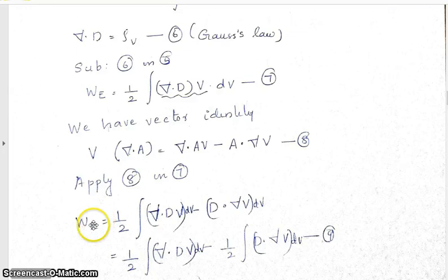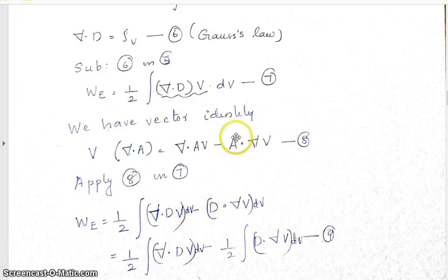So now W_E is equal to half integral del dot D, then this V, that is written here, del dot D into V, then this dV. Clear?